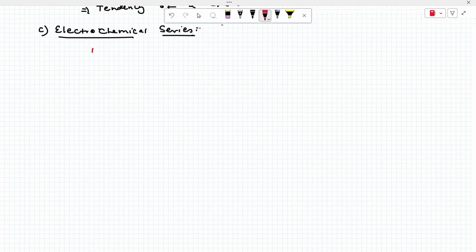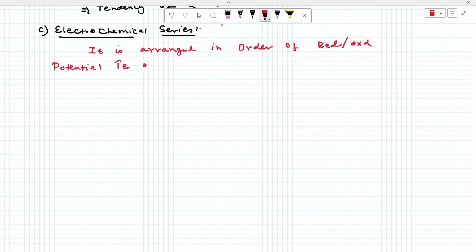Please note this arrangement: it is arranged in the order of reduction and oxidation potential, increasing or decreasing order.